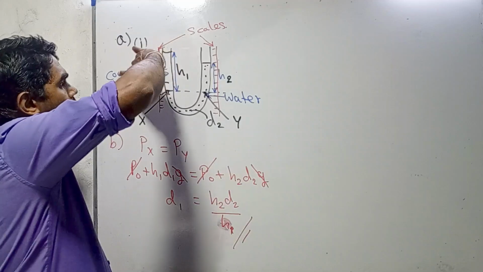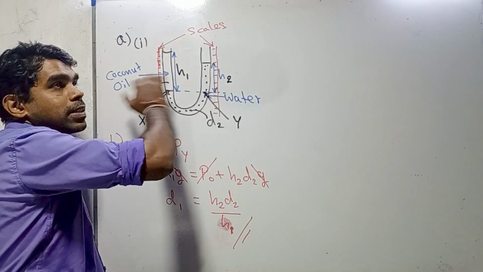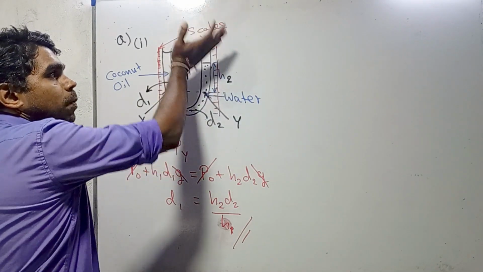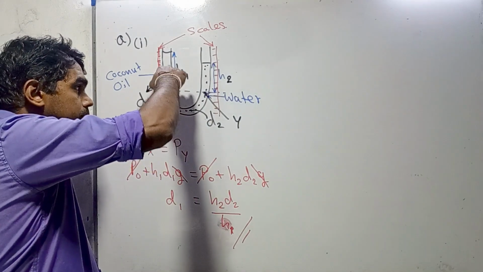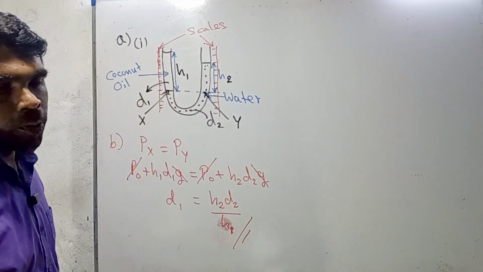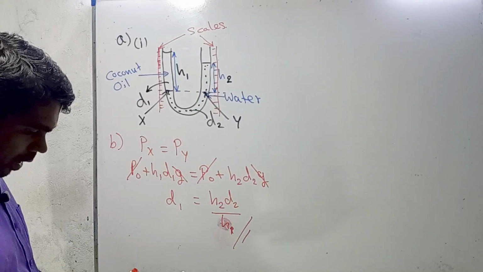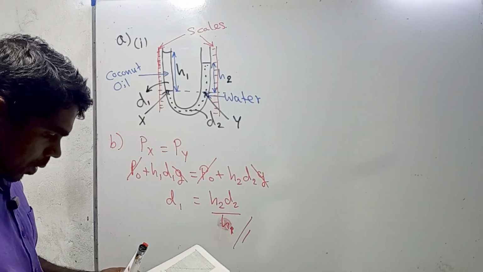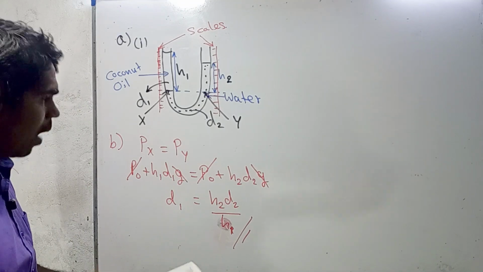But if we are filling coconut oil to the left hand side, we can observe that the corresponding water column is increasing because this common interface is moving downward. Therefore, the proper method to do the practical is adding more coconut oil to the respective arm.